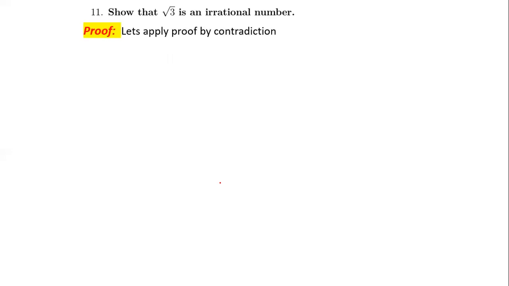So let's apply proof by contradiction. We are to show that radical 3 is an irrational number, so let's assume that radical 3 is not irrational. If it is not irrational, let's assume that radical 3 is a rational number.